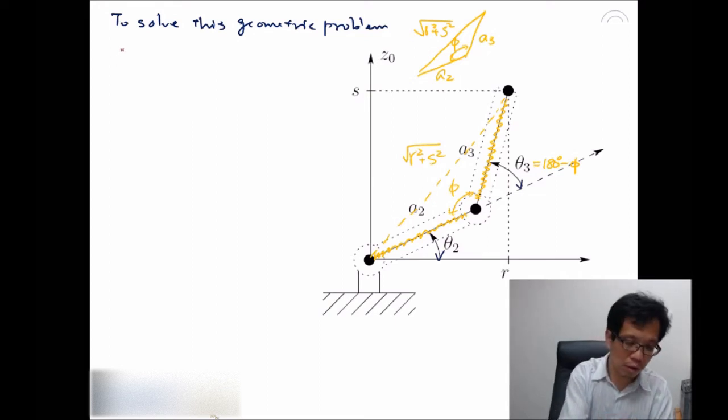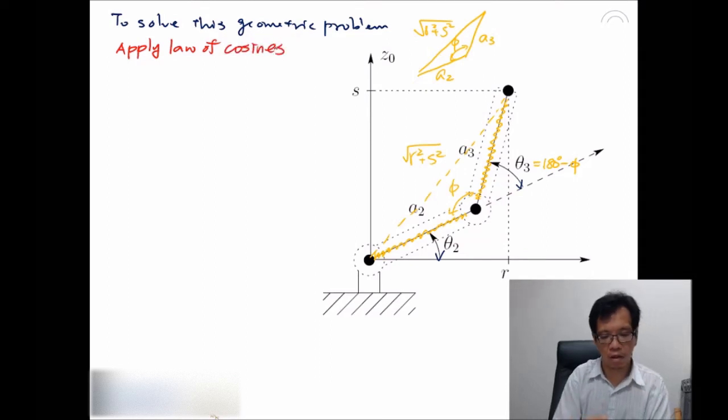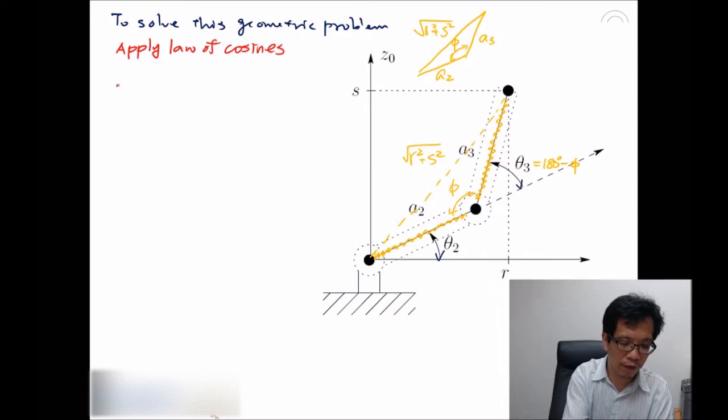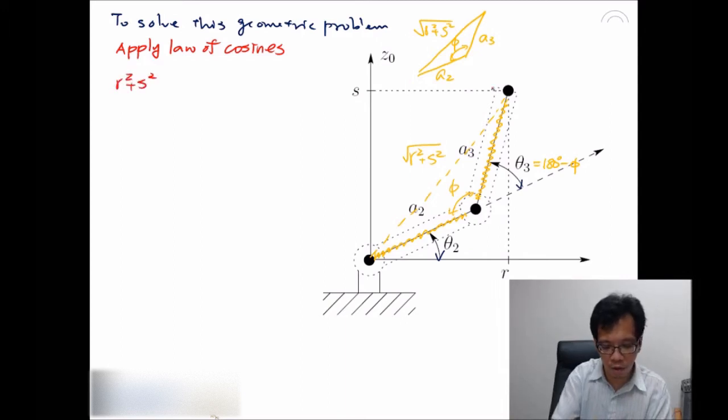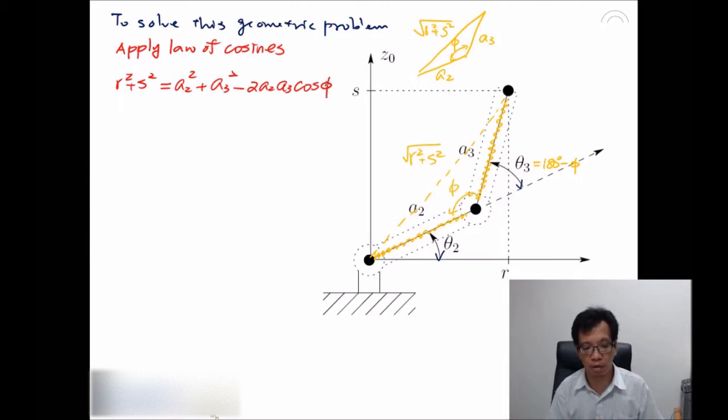So we're going to apply law of cosines. We are having the slope square. So this square is going to be equal to A2 square plus A3 square minus 2A2 A3 cosine phi. That is something we're going to have.